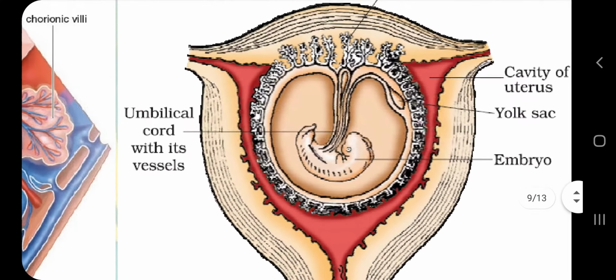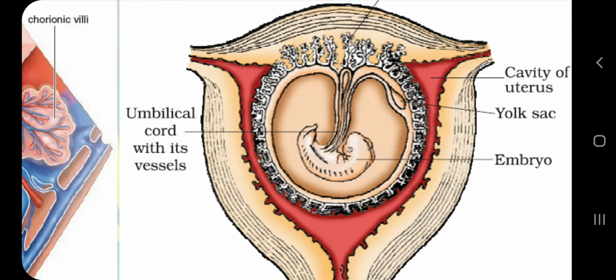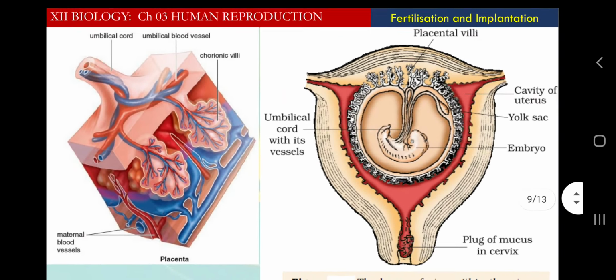So the placenta, by providing blood supply, not directly but through some layers, will provide nutrition, oxygen, and antibodies to the embryo, and it will collect excreted material from the embryo. So the role of the placenta is very simple to understand. You can take the help of your NCERT textbook.